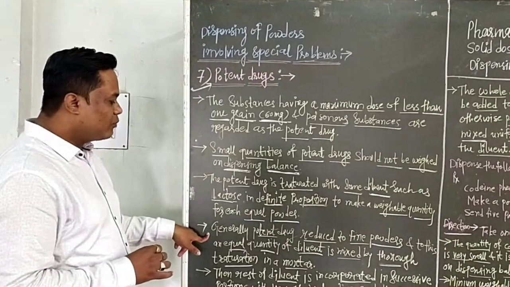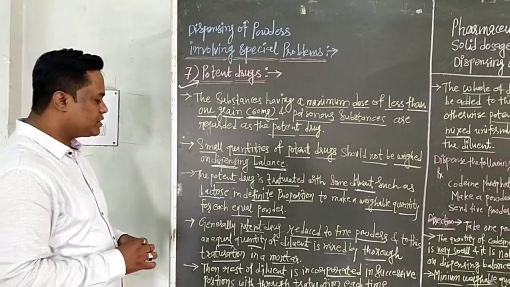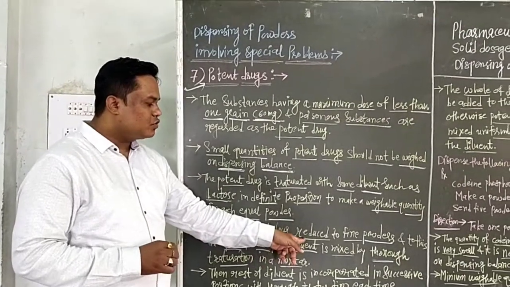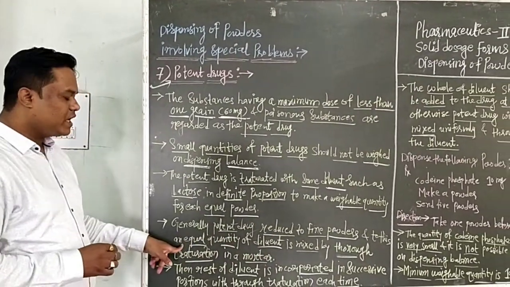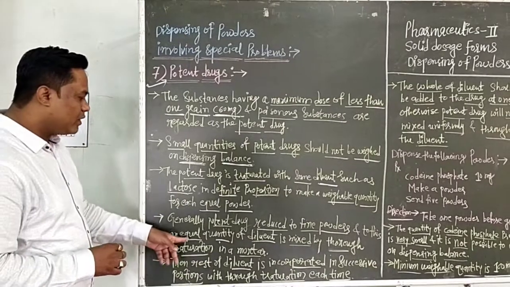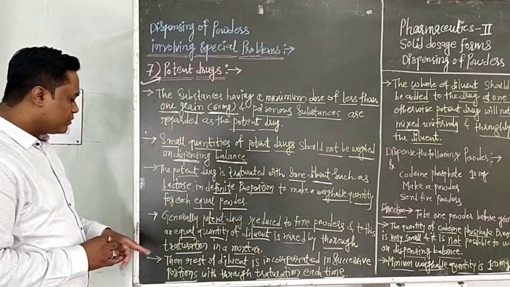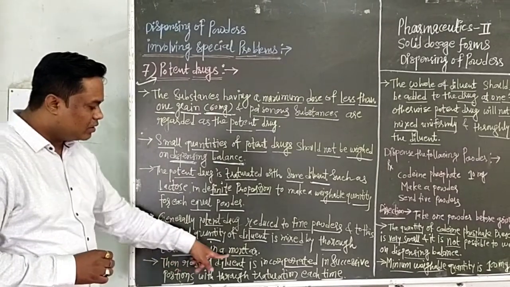Generally the potent drug is reduced to a fine powder. To this, an equal quantity of the diluent is added and mixed thoroughly by trituration in a mortar.